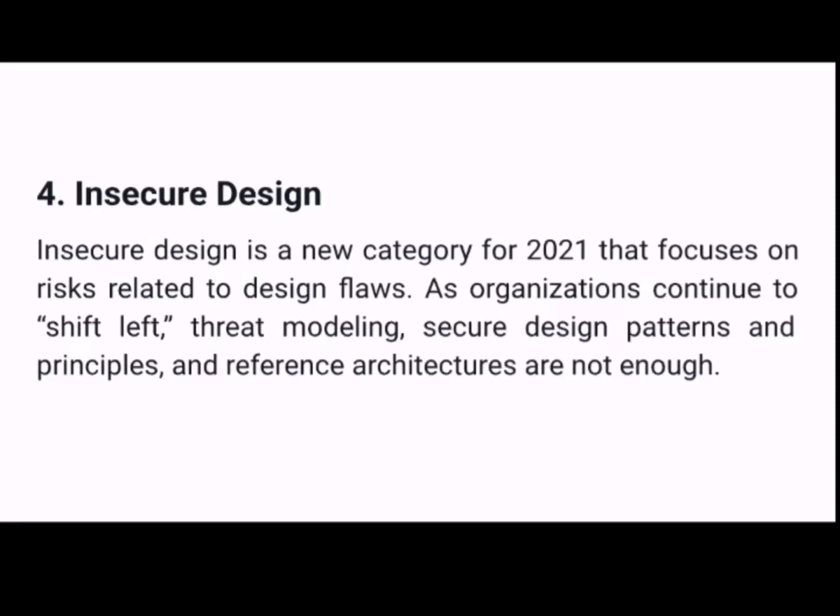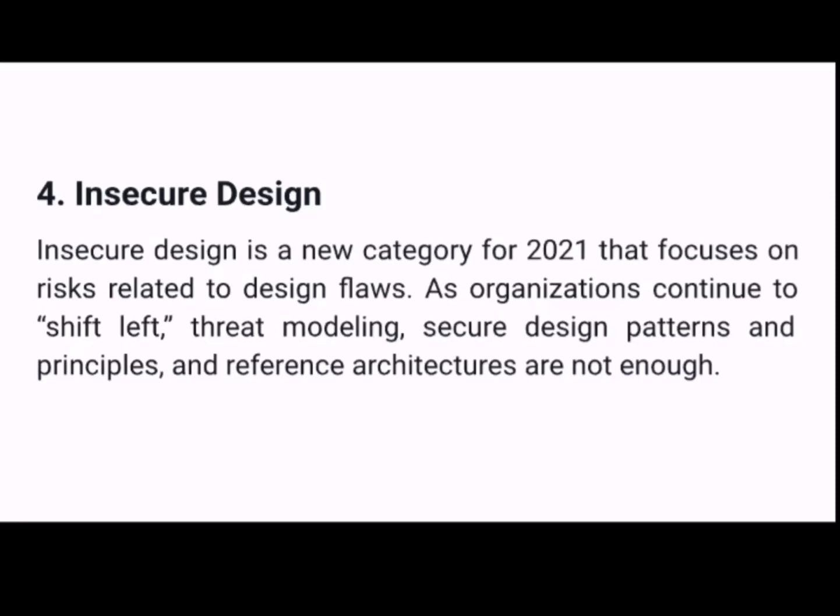So the mitigation steps are: first one is integrate security right into the SDLC, software development life cycle stages, and leverage robust security practices from the early stages. Second is establish a library of secure design patterns, components, frameworks, etc. that are ready and safe to use for new applications.